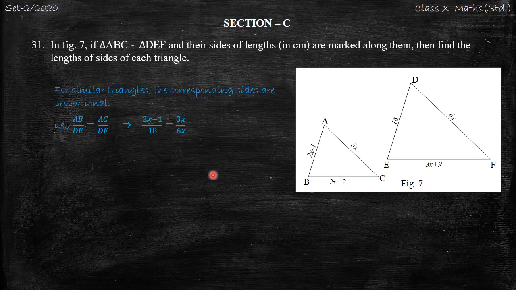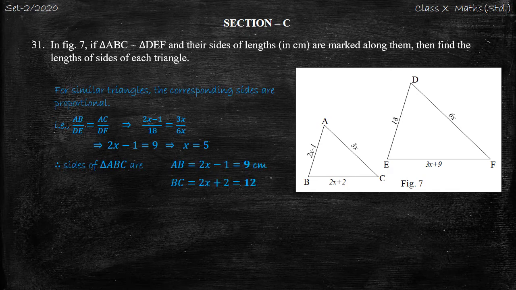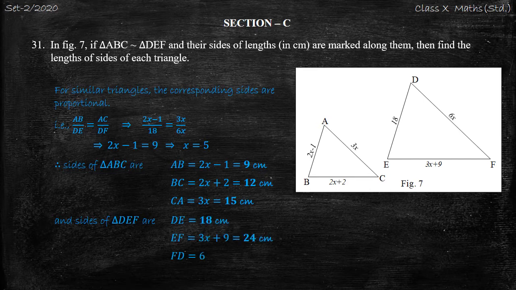Equate that, and you will get x equal to 5. You got it. Now get all the sides, because we need to find the length of the sides of each triangle. Okay, done.